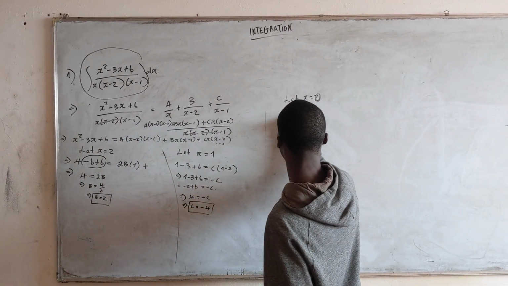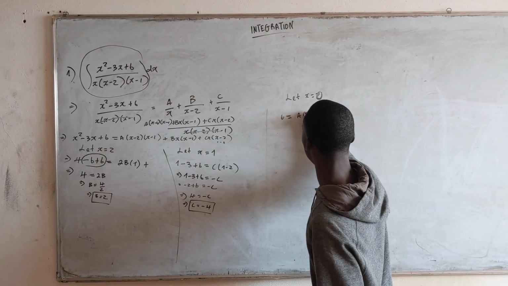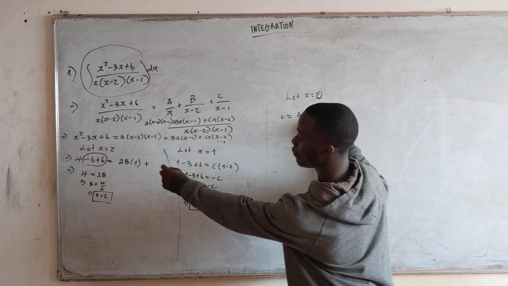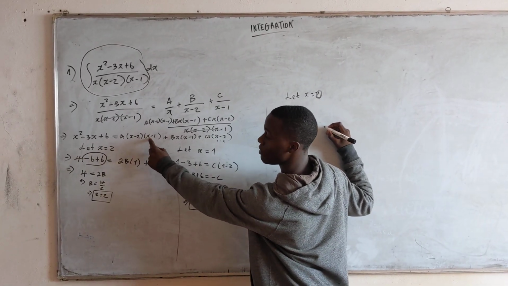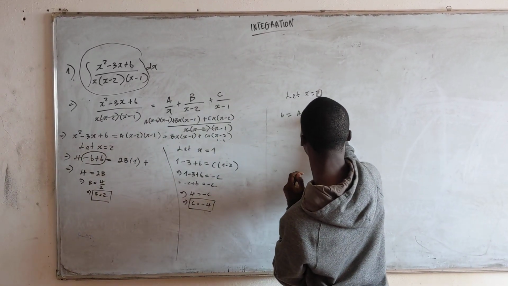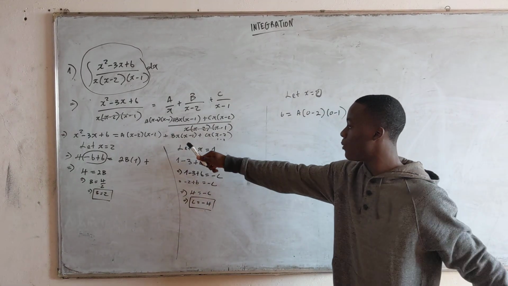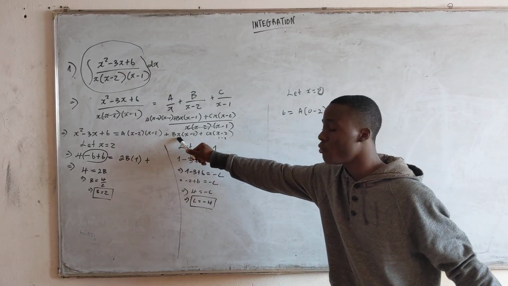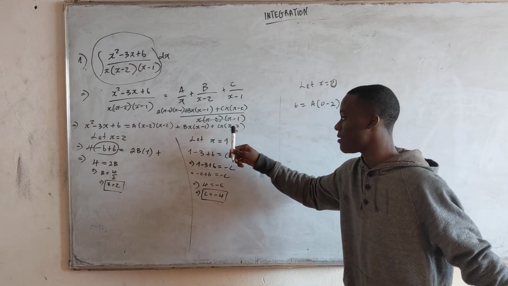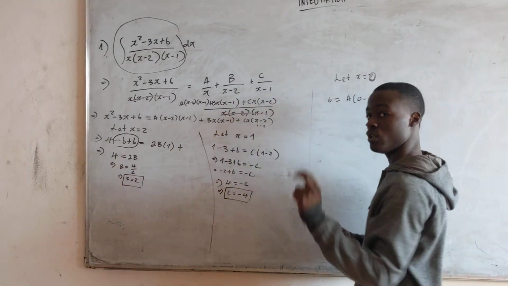We are just going to be left with 6 equals, if we put 0 here, a into 0 minus 2 and bracket 0 minus 1. Now, if I put 0 here, b times 0 is 0, so this part is already eliminated. c times 0 is 0, so this other part is also eliminated.